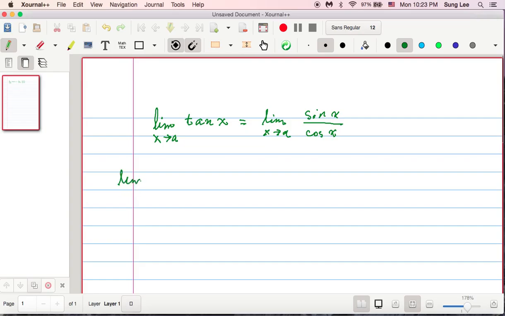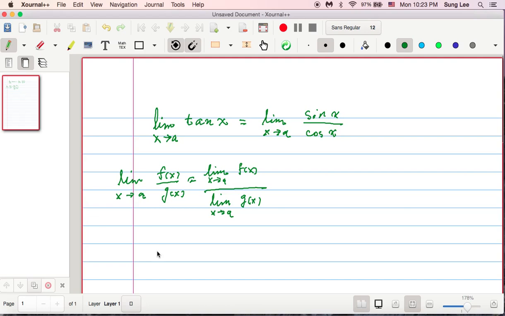The limit of f of x over g of x when x approaches a equals the limit of f of x when x approaches a over the limit of g of x when x approaches a, right?